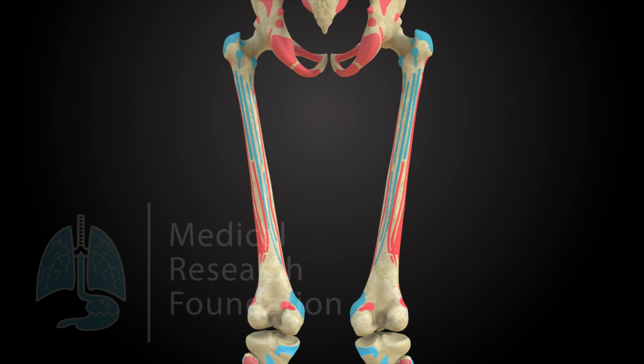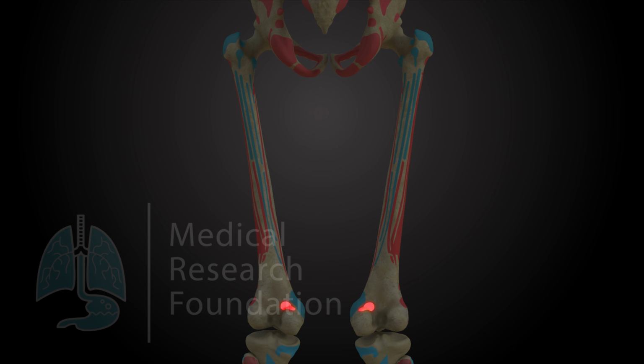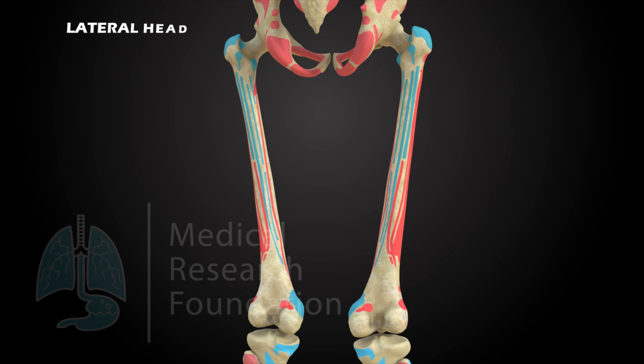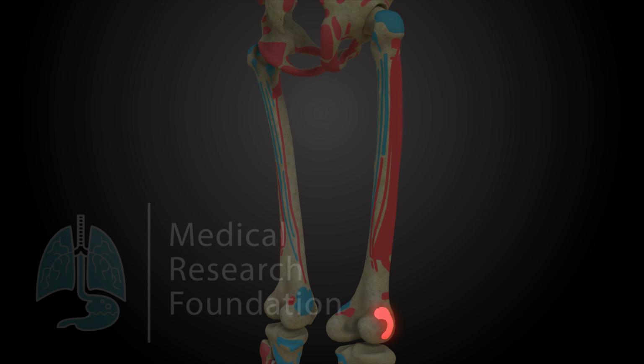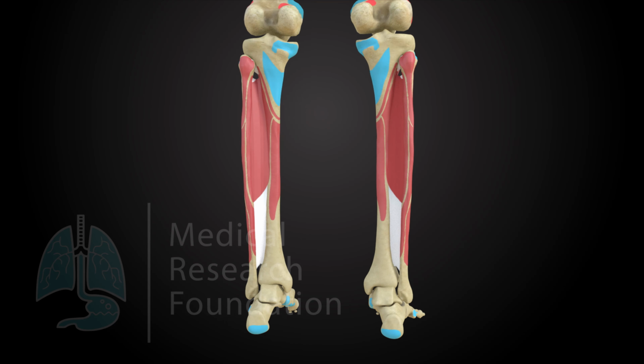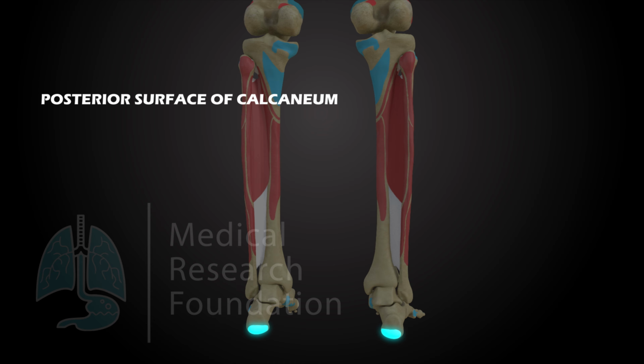Origin, medial head: popliteal surface of femur, above medial condyle of femur. Lateral head: lateral aspect of lateral condyle of femur. Insertion: the fleshy bellies of the two heads descend and are inserted into the middle of the posterior surface of calcaneum.